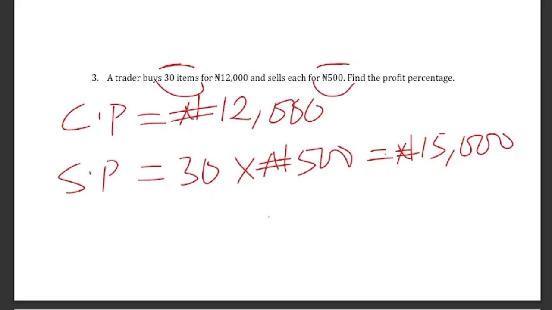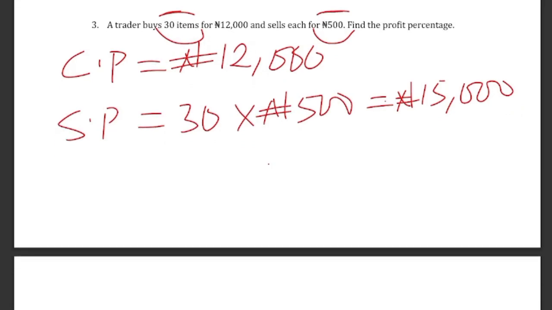Is there a problem with the question? No, there's no problem with the question. Why would they ask us to find profit percentage when in the question it is loss? It's not loss. They'll be saying that the trader sold it for 500. That's a loss. No, you have to read the question very well. All right. So in this case, we are going to calculate the profit first.